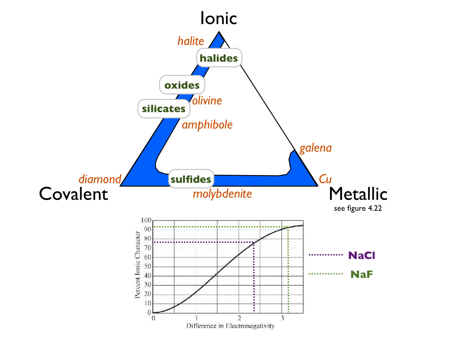So I've given you some really classic examples of end members like halite in the case of ionically bonded solids, or diamond in the case of covalently bonded solids, or native copper would be a great example of something that is nearly 100% dominated by metallic bonds.